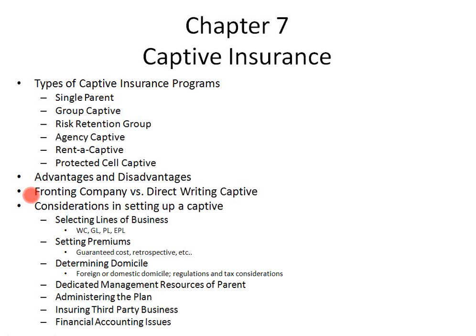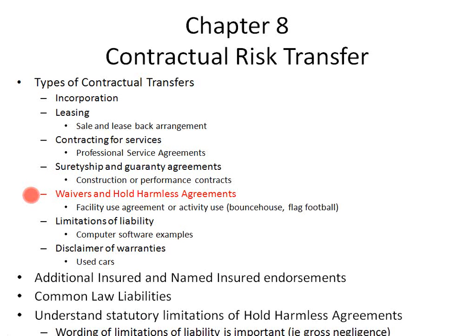Where you're going to domicile, that location. Based upon where you domicile is also what kind of coverages you may be able to write. The resources of the parent organization, the financial accounting issues. Those are the things you'll probably typically see some questions on as it relates to the captive type questions. Move on to contractual risk transfer, Chapter 8.